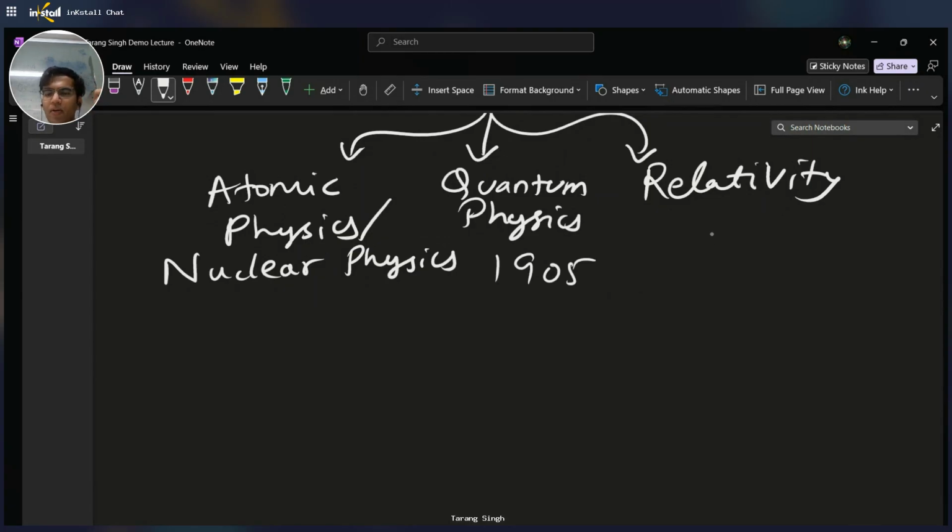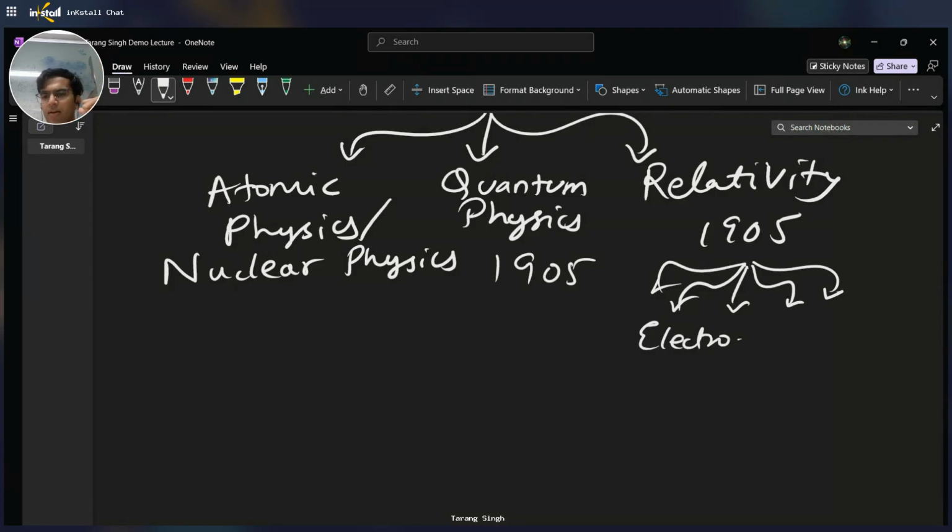Relativity was postulated also in 1905. Coincidentally, Einstein gave out five papers which were revolutionary for that moment. One of his papers mentioned electrodynamics having absurd effects, like the Lorentz factor coming into play.